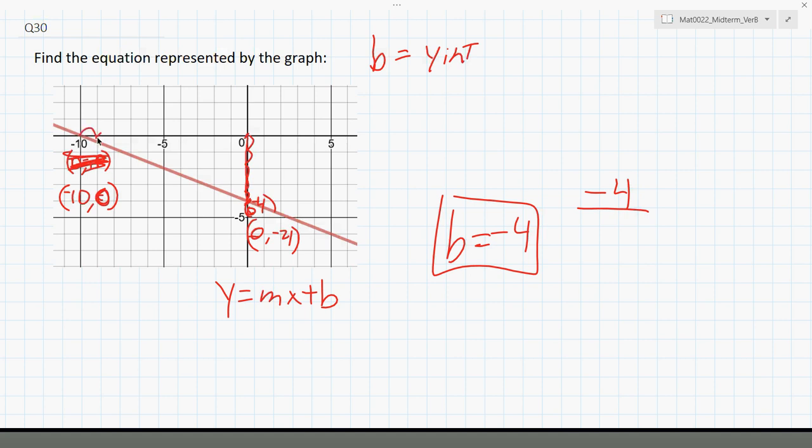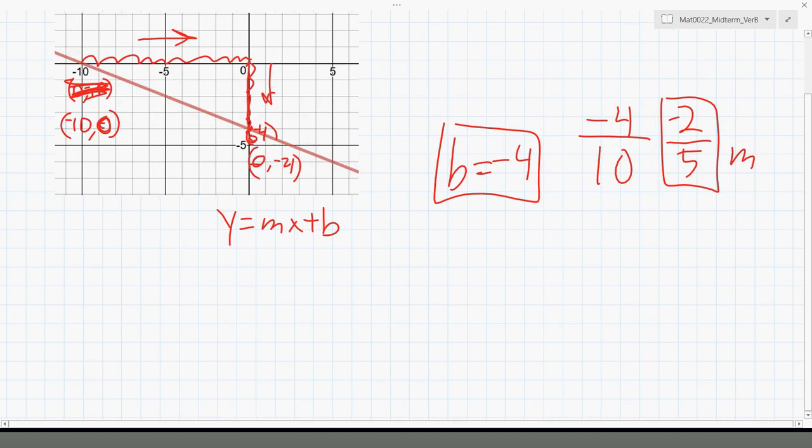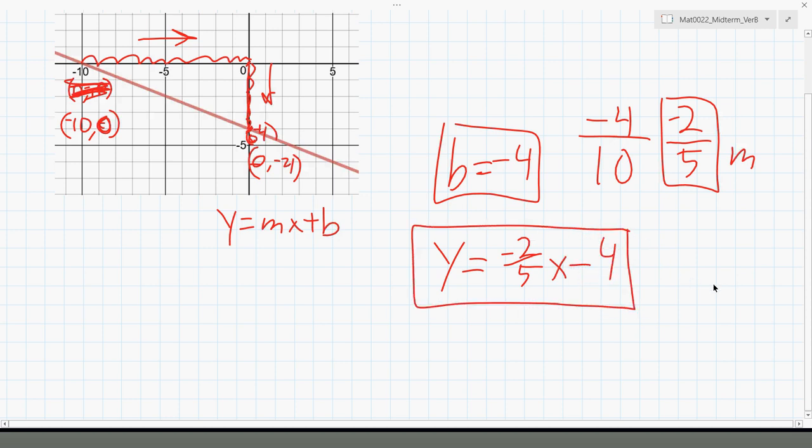And then I went over 1, 2, 3, 4, 5, 6, 7, 8, 9, 10. So we'll have a positive 10 value on there because we went this way, and then we went this way. -4 over 10 simplifies to -2 over 5, and that will be our m value. And then we go over and we punch them in, and we say y equals -2 fifths x minus 4 would be the equation.